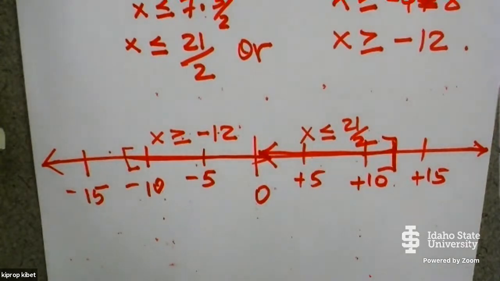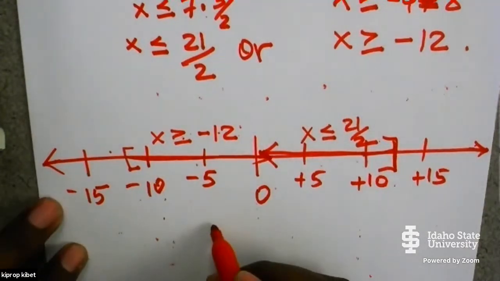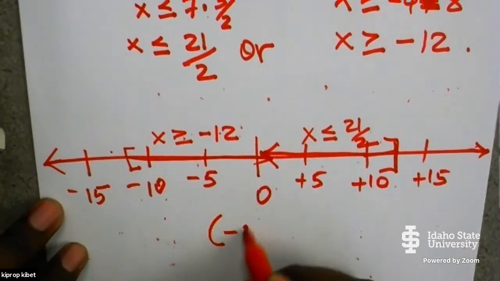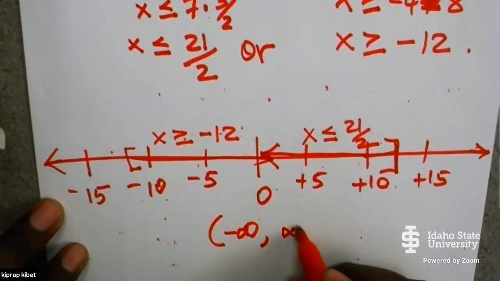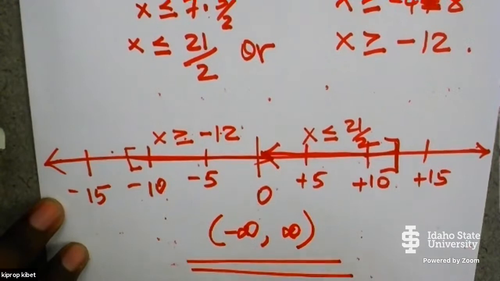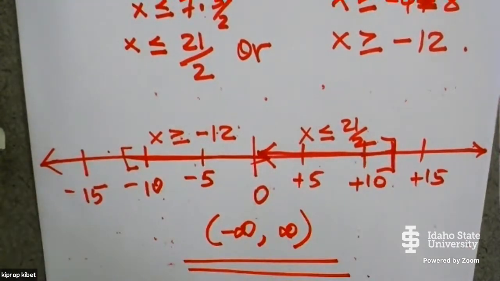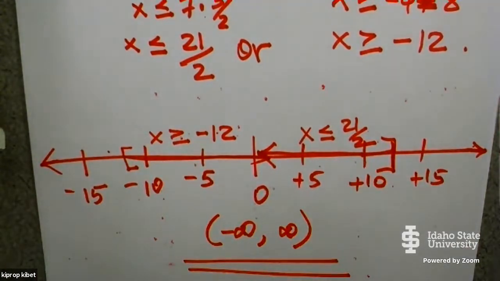So this is going to positive infinity, this is going to negative infinity, and it is still satisfying each one of them, okay? So finally, our answer will be negative infinity, infinity. That is our final answer.